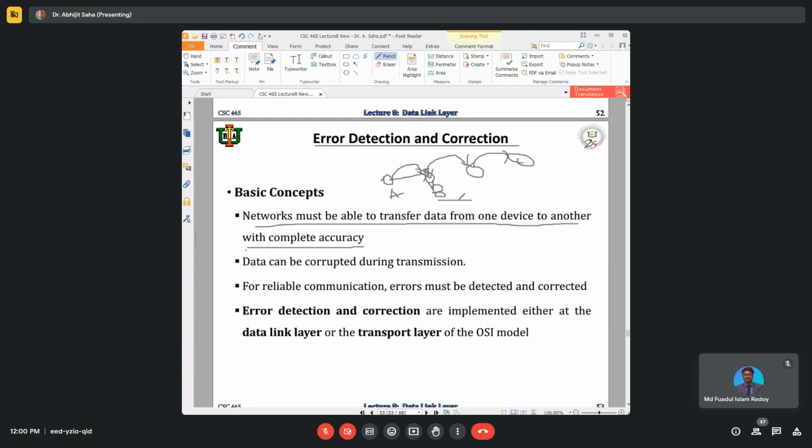If it has some error in the frame, it is detected through the error detection technique. If there is an error, you correct it, and then you forward the message to the next node.